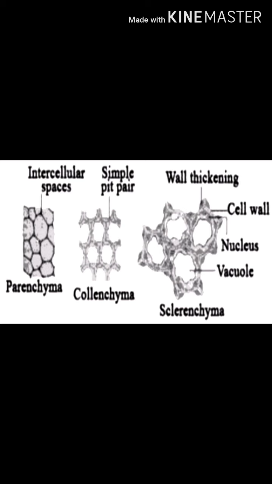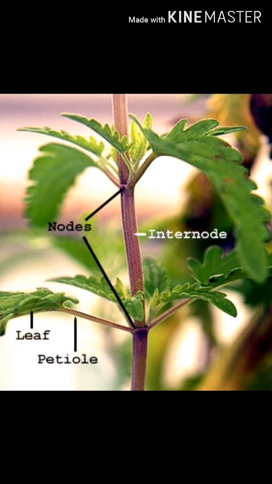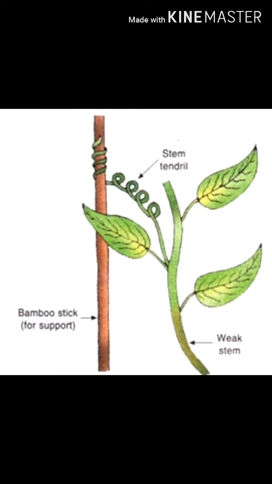Now let's study collenchyma. Collenchyma is a simple permanent tissue of living cells which provides flexibility to soft aerial parts. Aerial parts, for example, leaf stalk and young stem. See, what is a leaf stalk? The leaf stalk or petiole is the part from where the leaf blade is attached to the stem, and collenchyma helps them to bend without breaking.